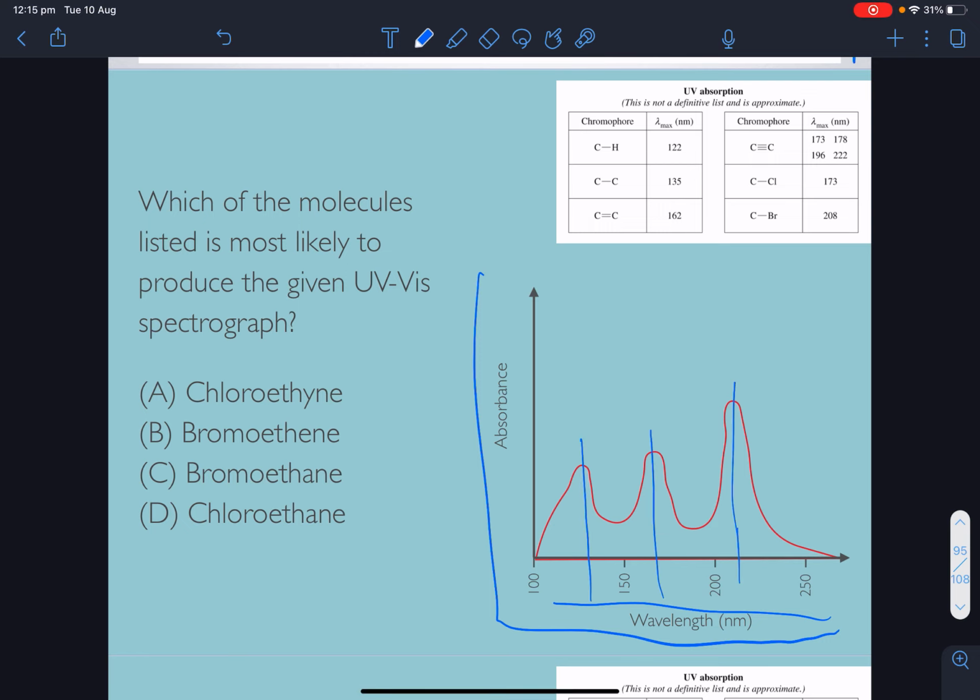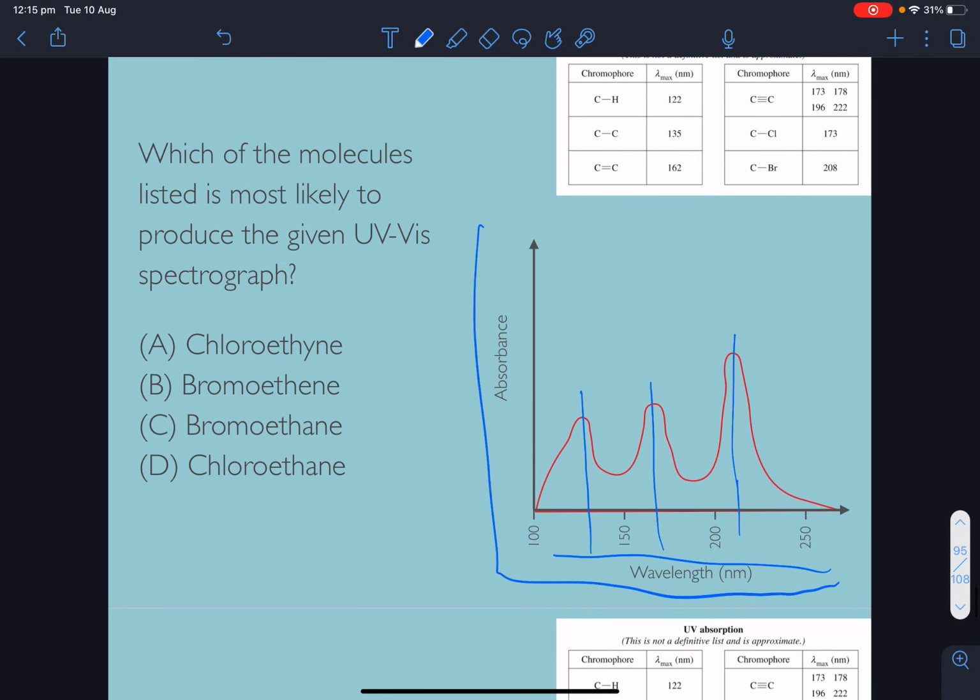Okay, so that's about, is that about 210, 215? All right, around 210. And this one's about 170. And this one here's about 120.